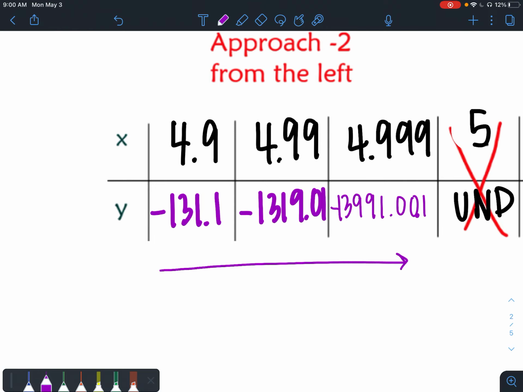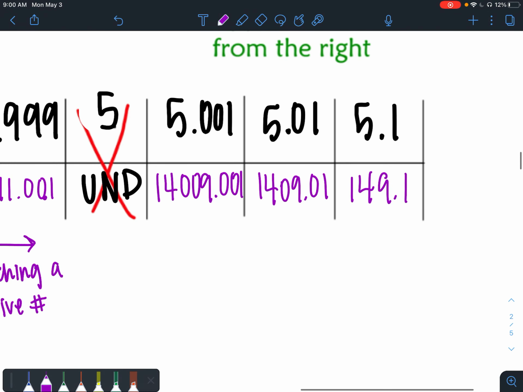Okay, as you can see, as they approach 5 from the left, they're getting more and more negative. From the right, they're getting more and more positive.